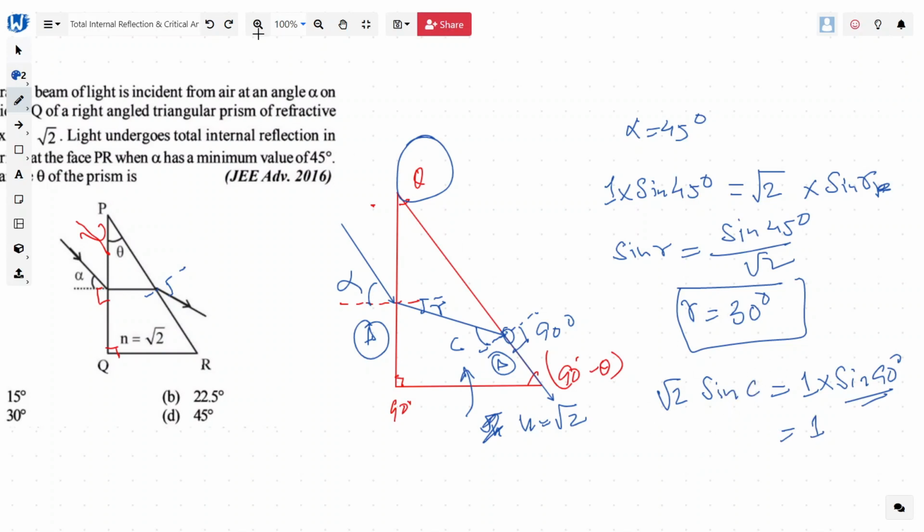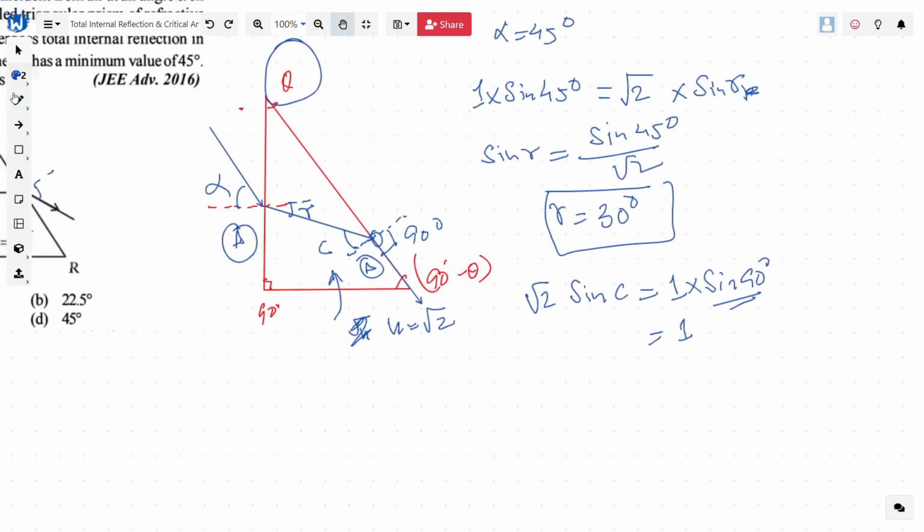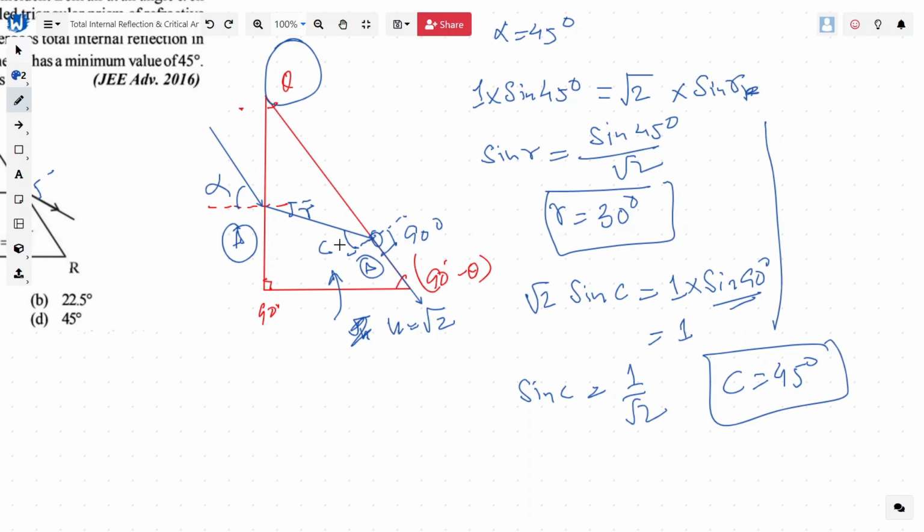So first let's find out C, because we can get that easily. Sine C is 1 by root 2, hence C is going to be 45 degrees. Now with C known, using simple geometry, probably we'll be able to figure out theta.